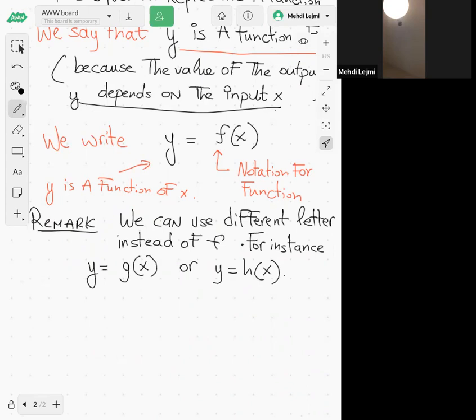So you don't have to use the letter F. It could be another letter, right?